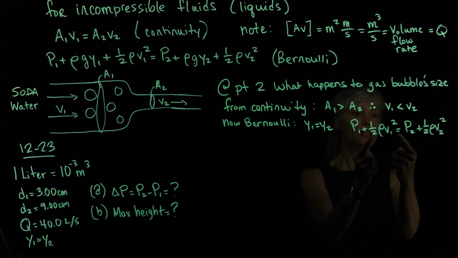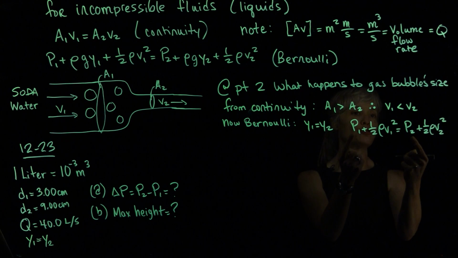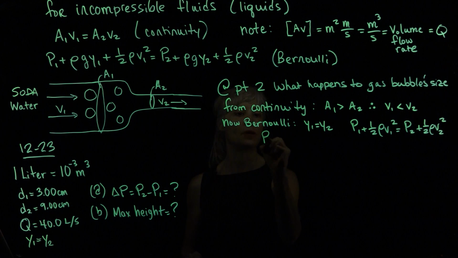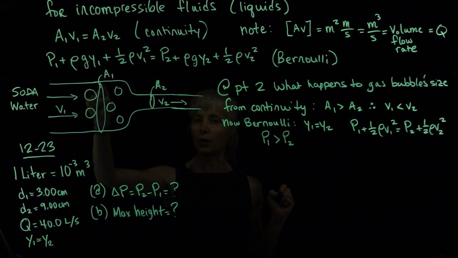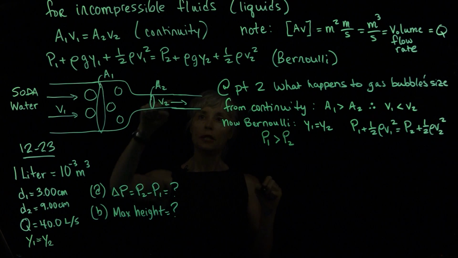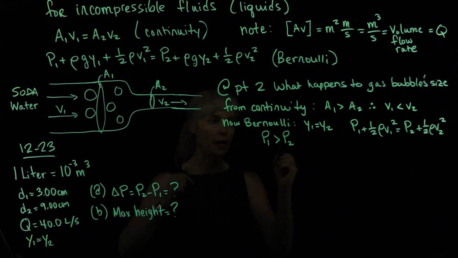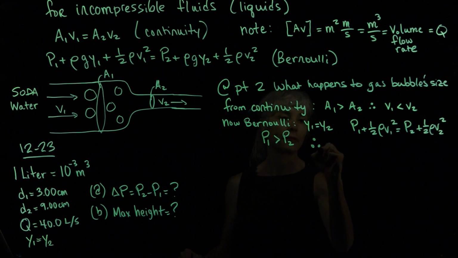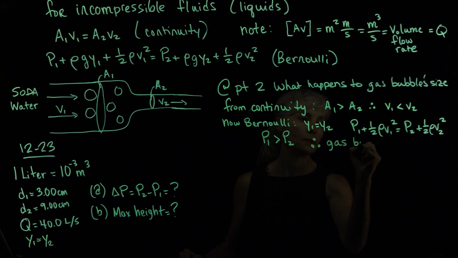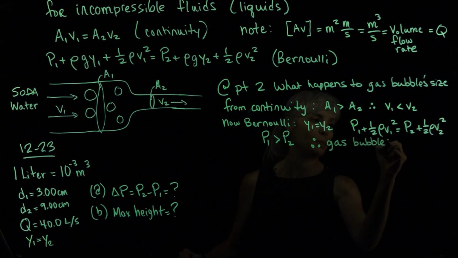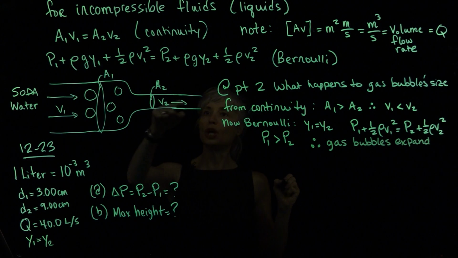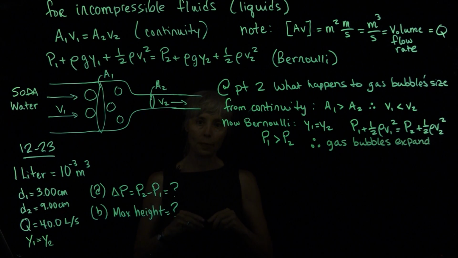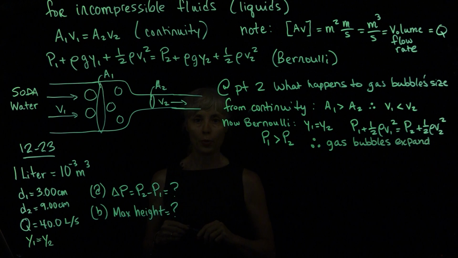For this equality to hold, the pressures must have the opposite relationship. So P1 must be greater than P2. So the pressure here in the wider part of the pipe is larger than the pressure in the smaller part of the pipe. Therefore, gas bubbles expand. So the gas bubbles will become larger in this narrower part of the pipe than they were in the wider part of the pipe.